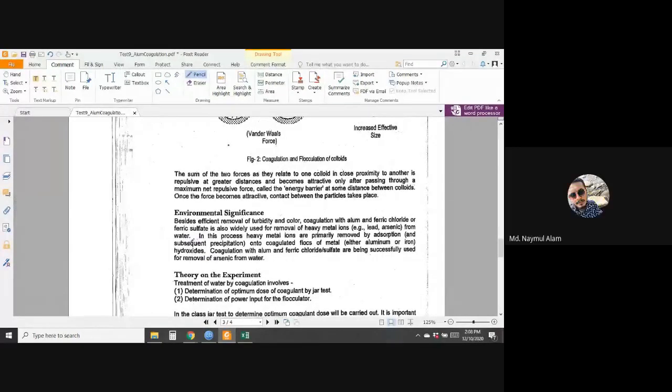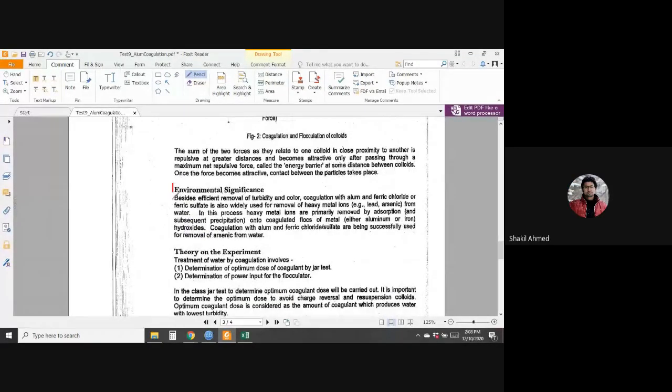Okay, sir. Environmental significance, read this. Besides efficient removal of turbidity and color, coagulation with alum and ferric chloride or ferric sulfate is also widely used for removal of heavy metals.